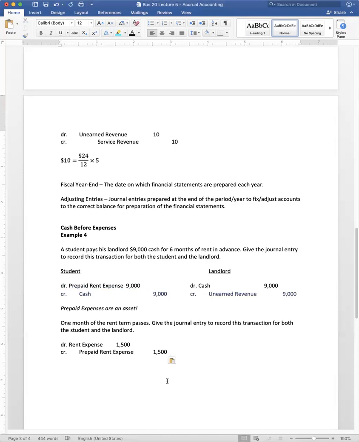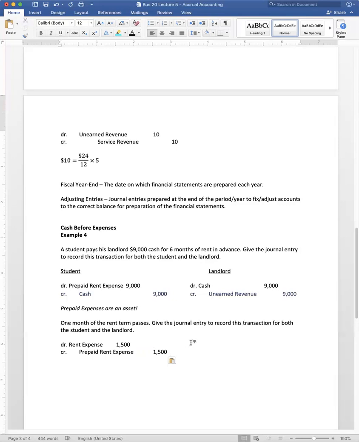What they call a burner phone. So you buy a phone and it's got so many minutes on it of talking, and you use some of those minutes. Well, the prepaid phone is an asset because you have all these minutes to use. But as you use those minutes, the value of the phone is going to drop, right? Because you're using up some of the value. So that's what's happening here. The prepaid asset is decreasing in value.